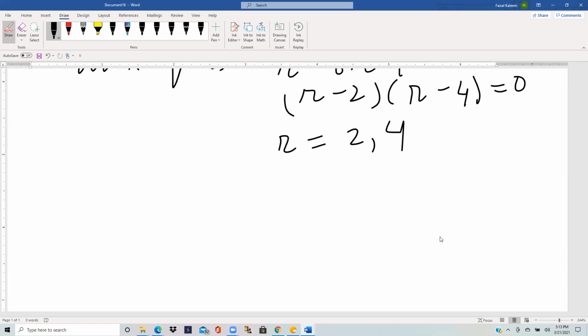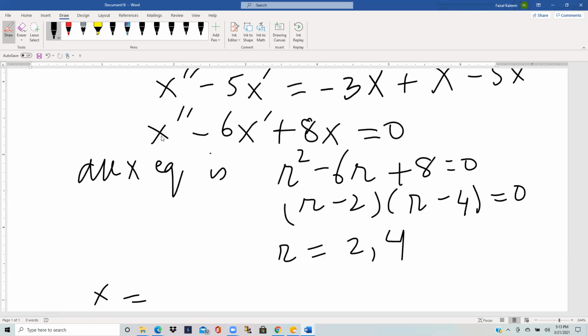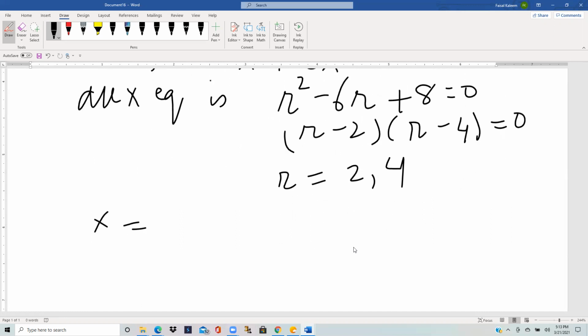So x is equal to, so normally you have y is equal to, because we have a y prime and y double prime here, but in this case we have x's. So x is equal to c1 e to the 2t plus c2 e to the 4t.